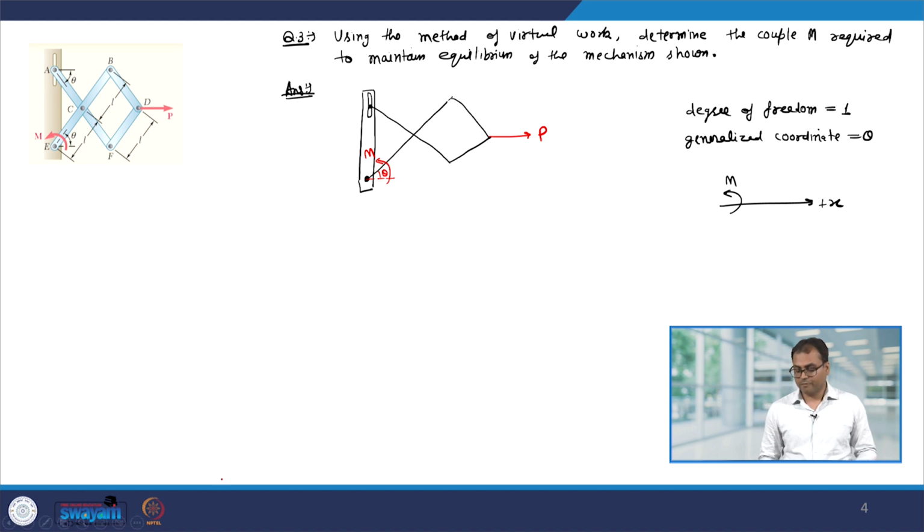Now, because of this force P, we can assume that the displacement is going to be like this.